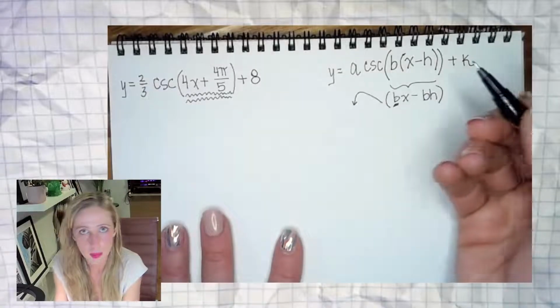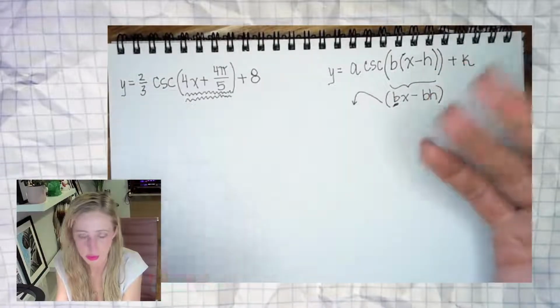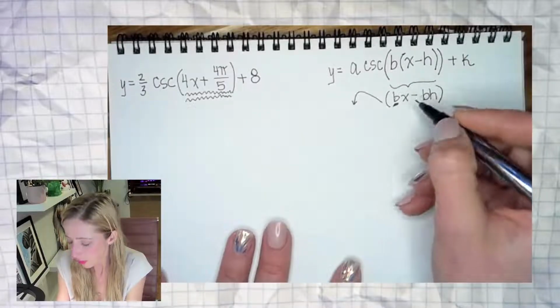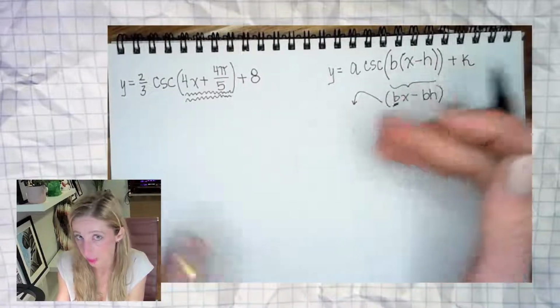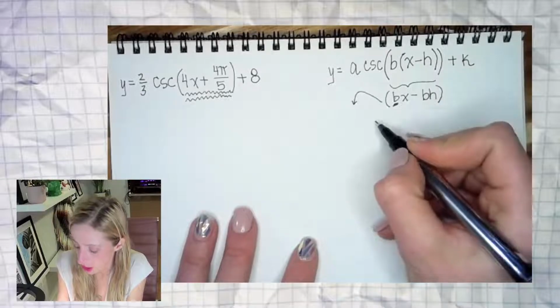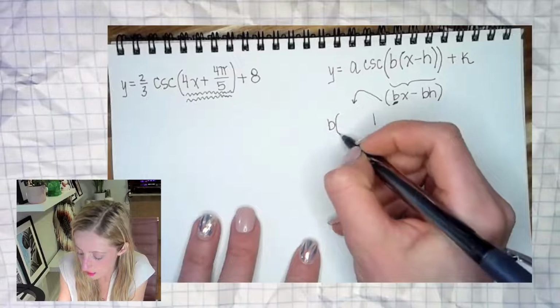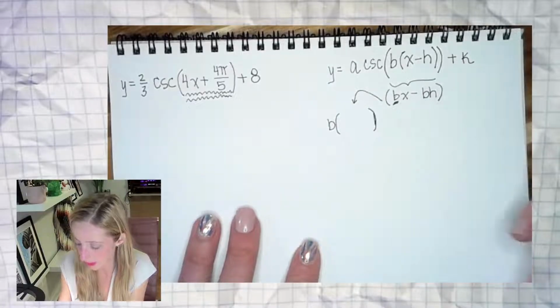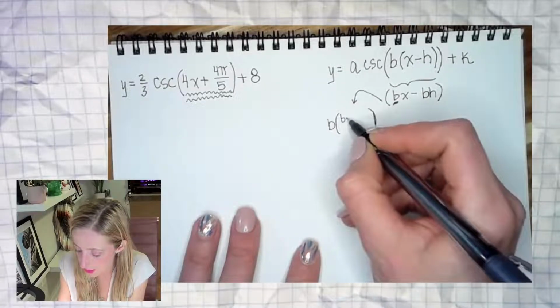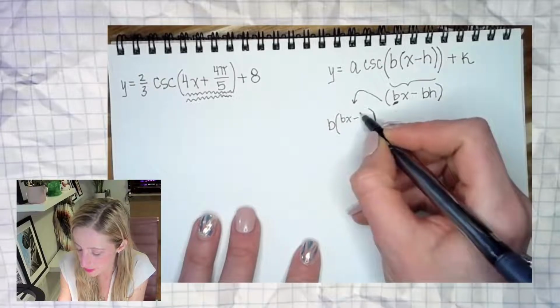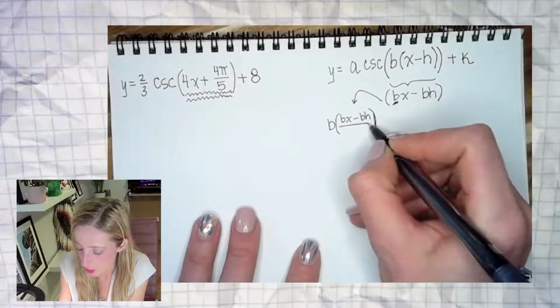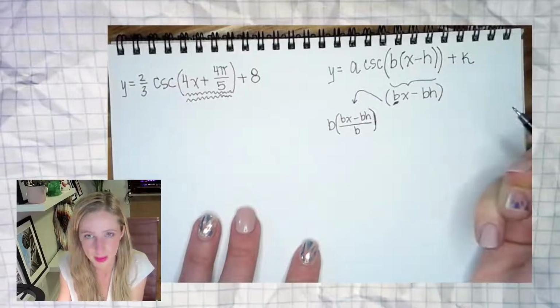And the inside, we multiply by B, we get our new values or whatever it may be. So I'm going to do that in reverse. I'm going to multiply, I should write it over here, multiply outside of the parentheses by B, and then I'm going to take what's inside, BX minus BH, I'm going to divide everything inside by B.